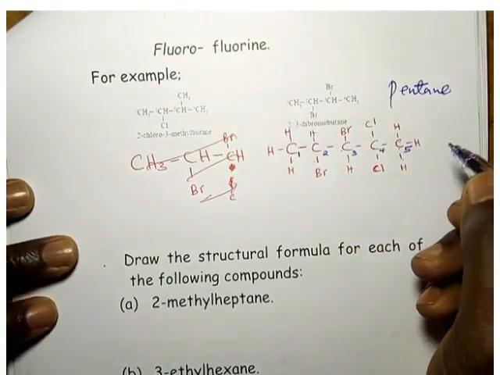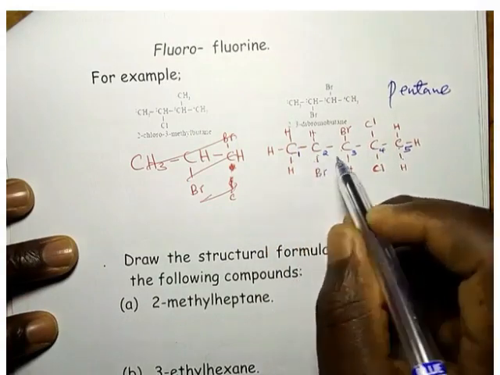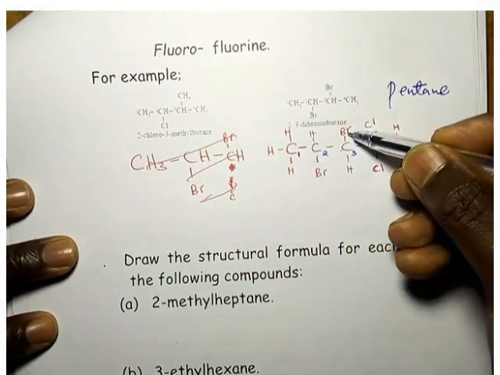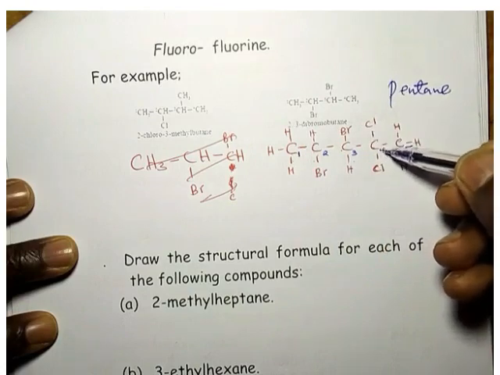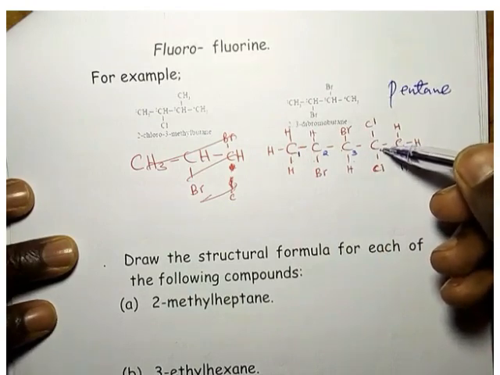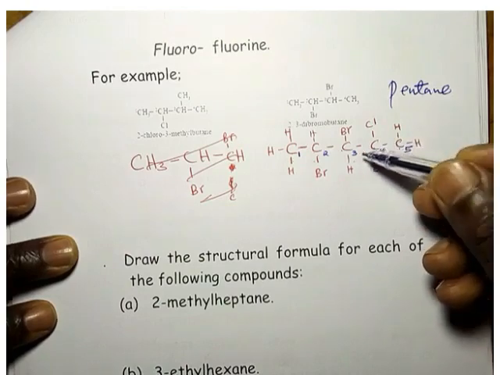So here we are going to have bromine. One bromine is on carbon number 2, another bromine is on carbon number 3. Chlorine, we have 2 chlorines attached on carbon number 4. And we have said B will come before C. Therefore, we will start with B.